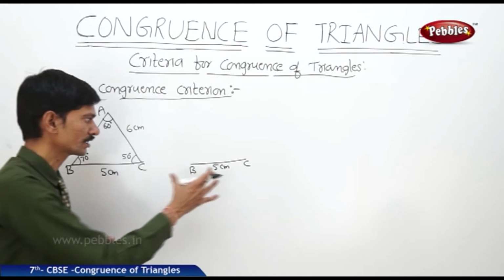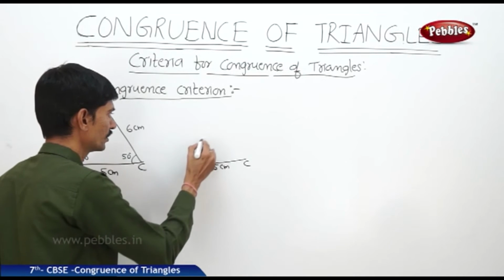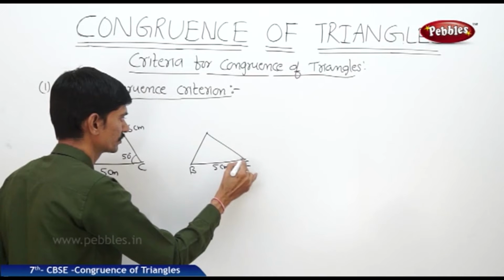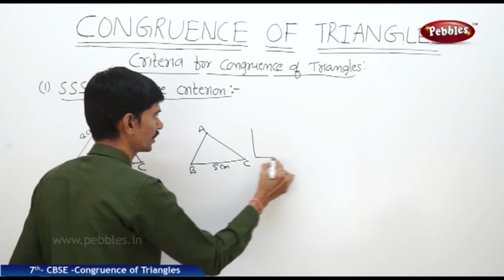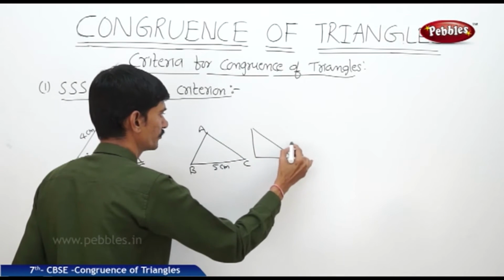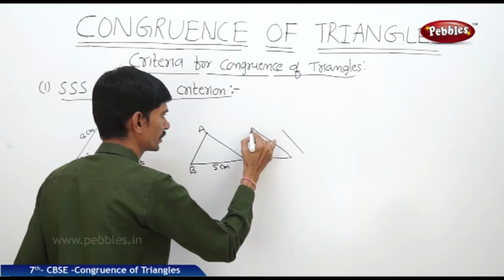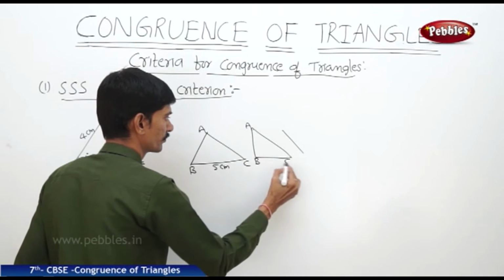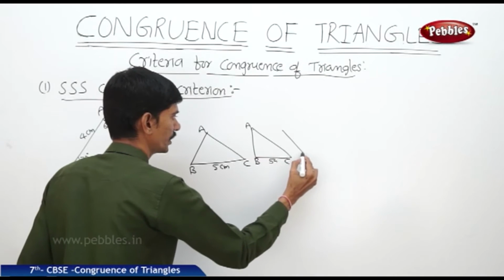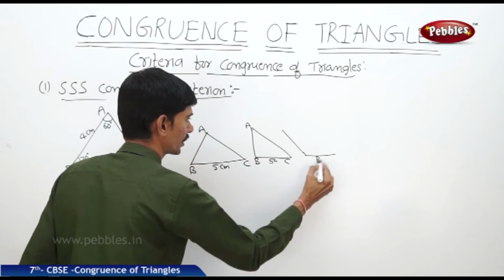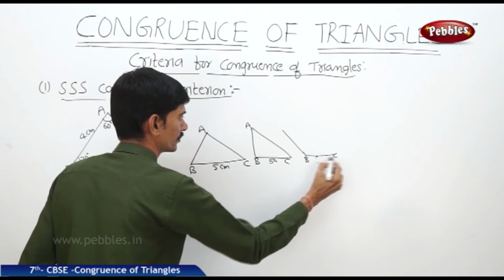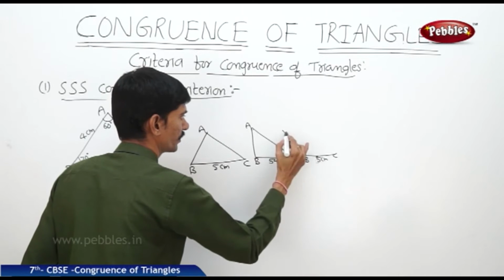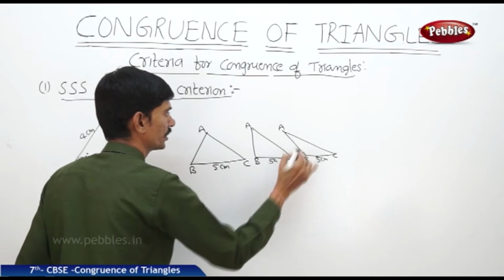By taking BC, we can draw an acute angle triangle like this, or we can draw a right angle triangle, or an obtuse angle triangle. So we cannot draw an exact copy of the original triangle ABC.